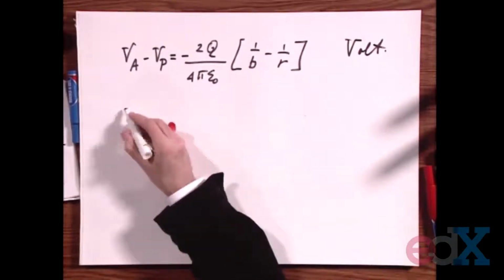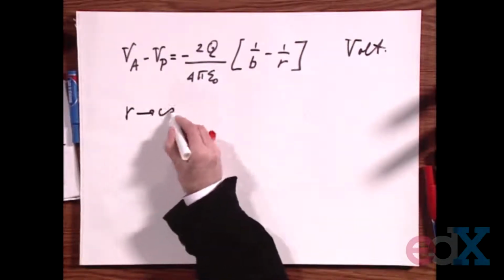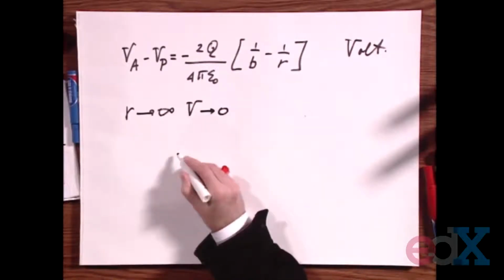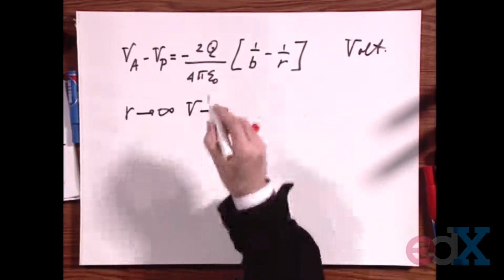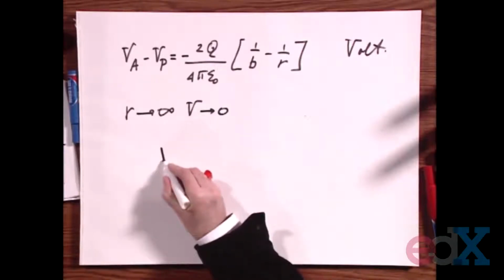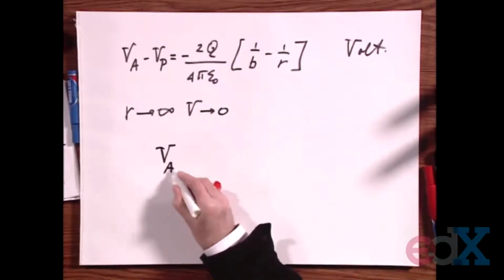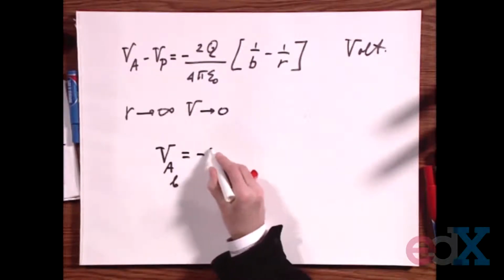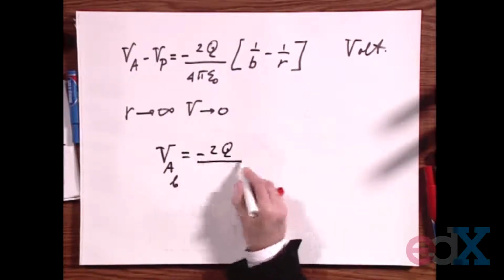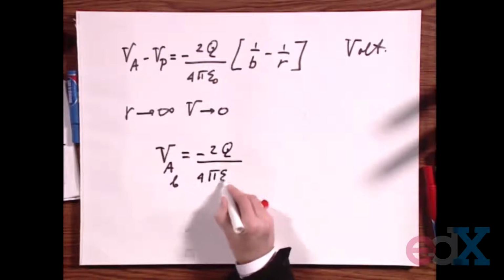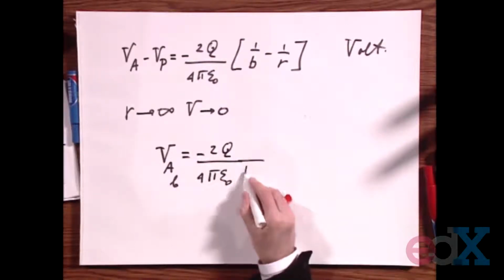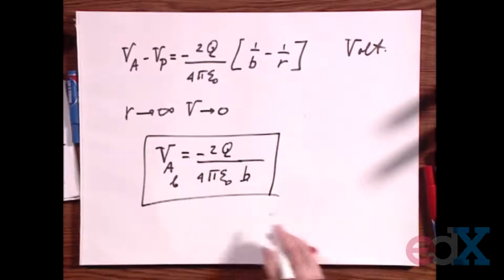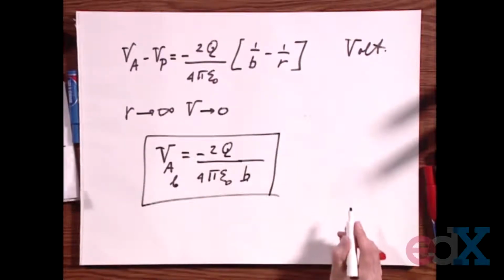And when r goes to infinity, in this case v goes to 0. And so if you want to know what exactly the potential is at that location A, which was at that radius B, then you'll find minus 2q divided by 4 pi epsilon 0 times 1 over b. This now is the potential at the outer surface.